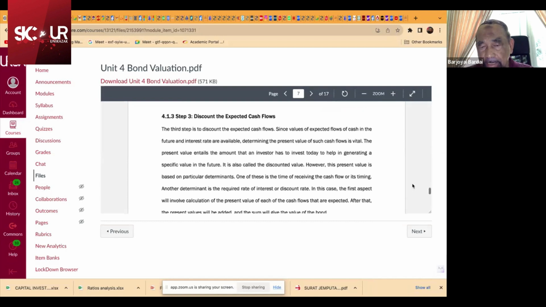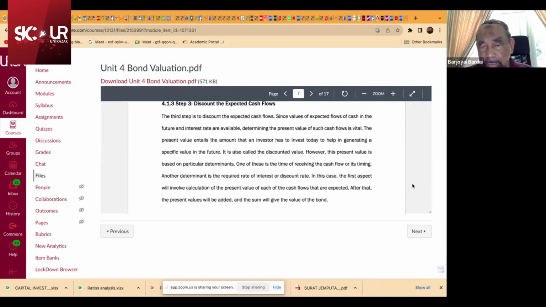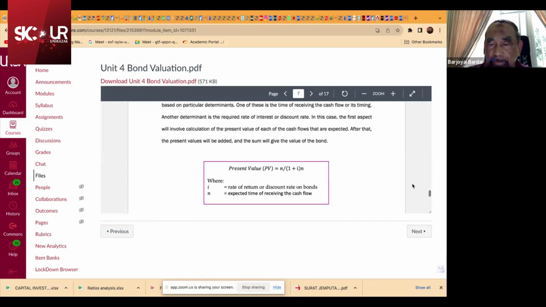Another determinant is the required rate of interest or discount rate. In this case, the first aspect will involve calculations of the present value of each of the cash flows that are expected, and after that, the present values will be added, and the sum will give the value of the bond.